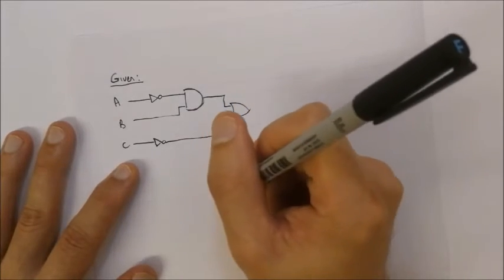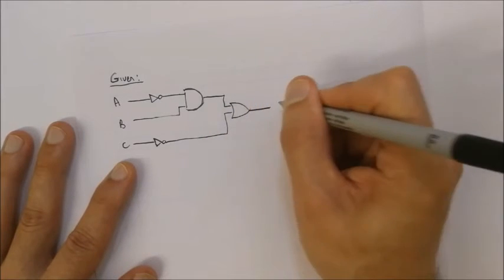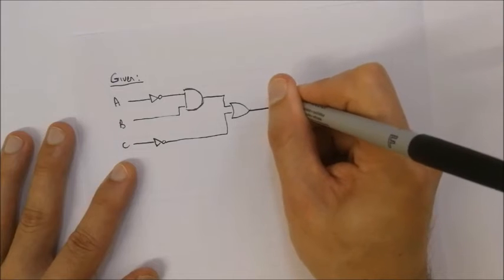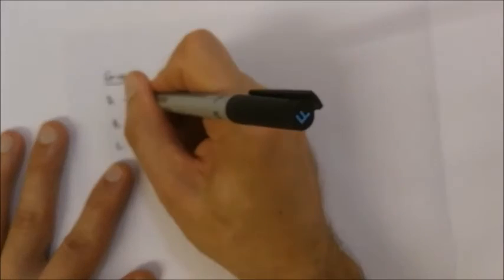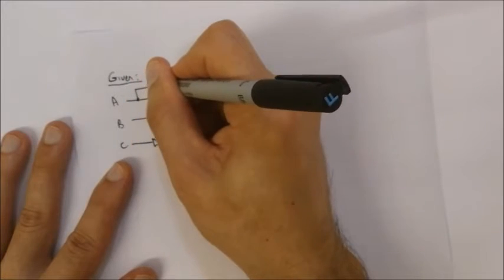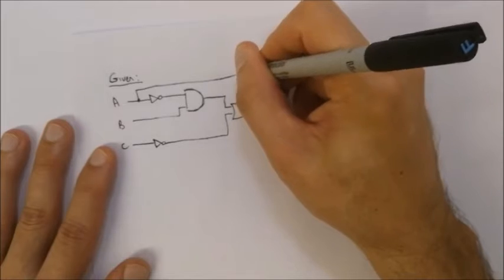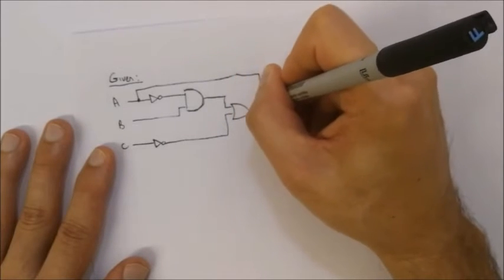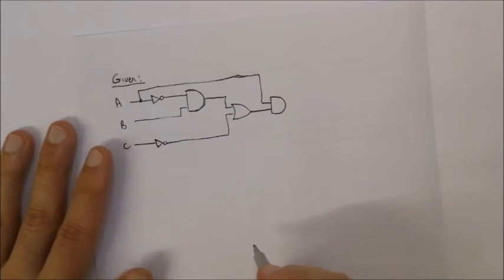Then we're going to take this output and put it through an AND gate. I'm going to AND that with A, so I'm going to tap off from A, bring it across, and have that as an input to this gate. That should be a straight line over there.